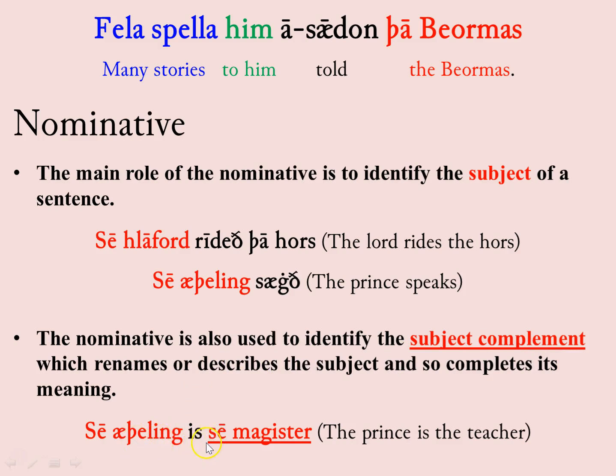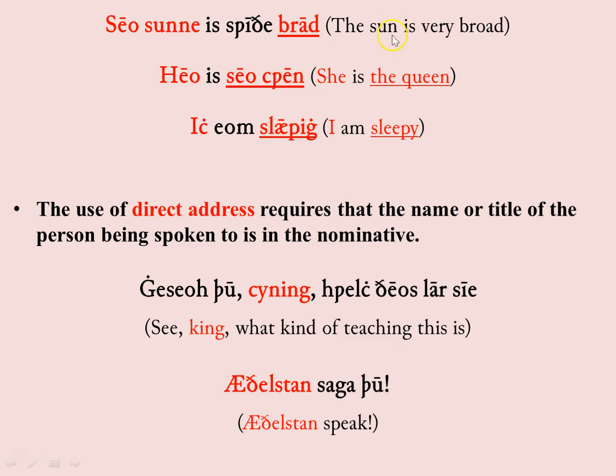Se æþeling is se magister. So the prince is the teacher. The prince is the teacher. Se æþeling is se magister. Seo sunne is swiþe brad. Now the sun is very broad. Now that "brad" there is in the nominative because it's a subject complement.